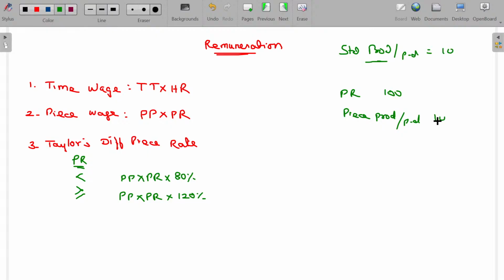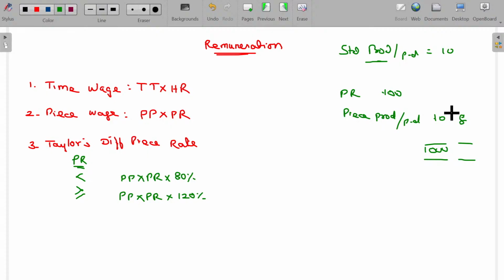The person who produced 10 units, no issues. I am very happy to offer 100 into 10, 1000 rupees. But another fellow who produces only 8 units, as per my offer, 100 into 8, 800 rupees I have to pay.